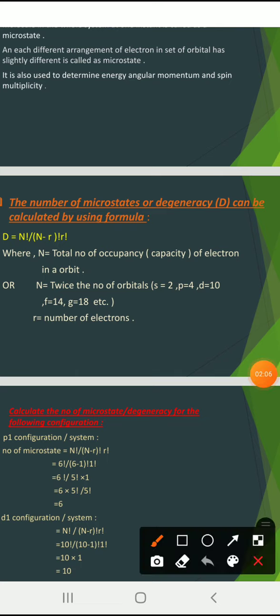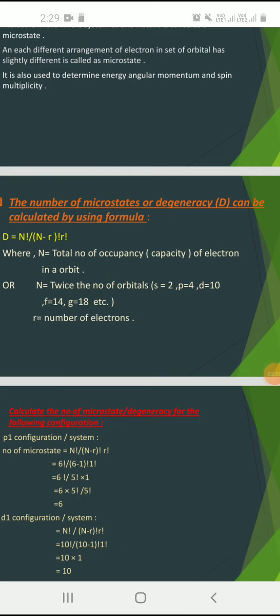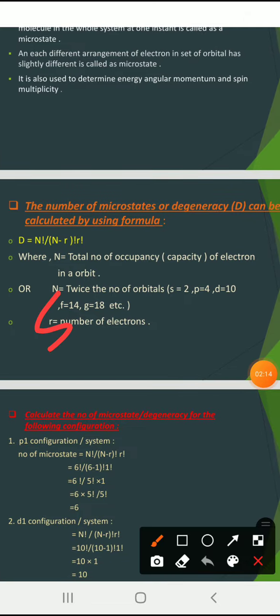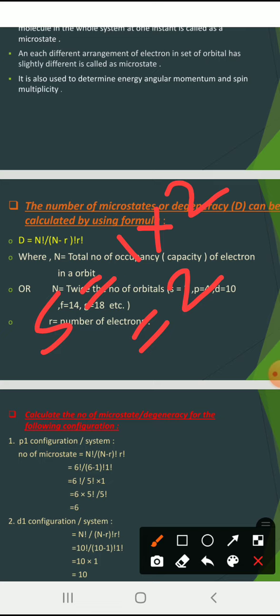We know that an s orbital has one orbital. Therefore, for this microstate calculation, capital N is twice the number of orbitals, so multiplying by 1 we get 2. That 1 is for the s orbital.